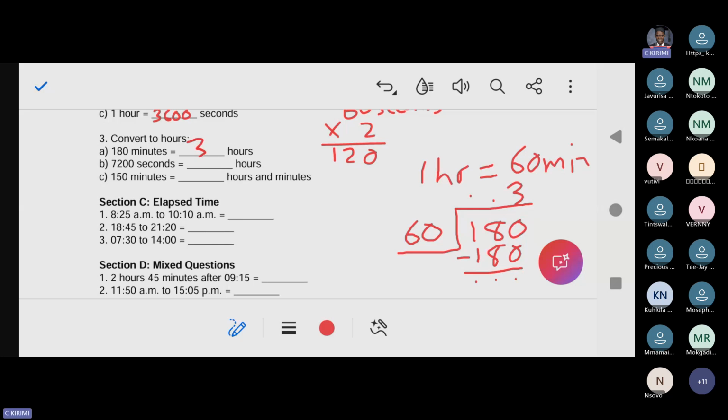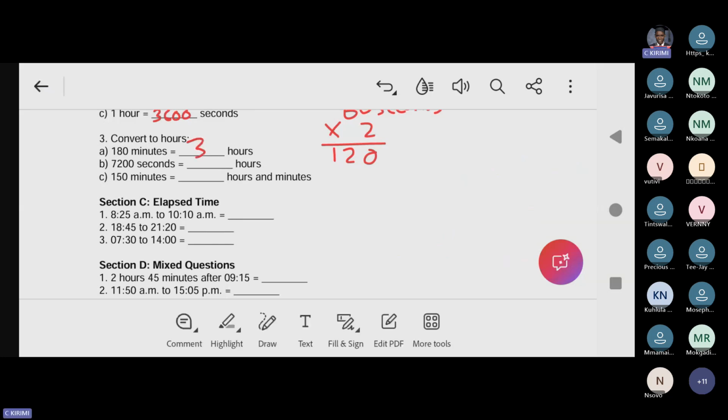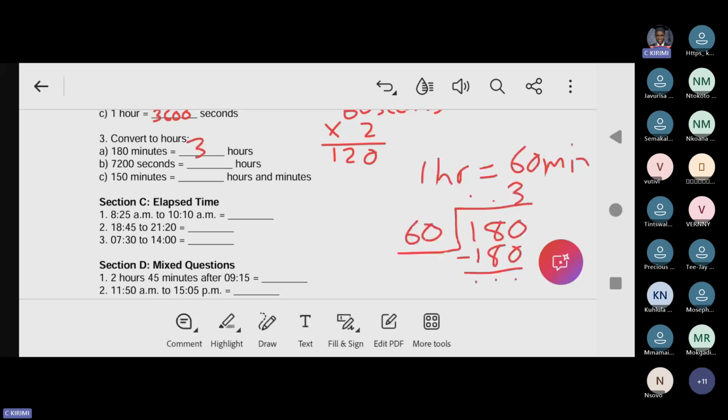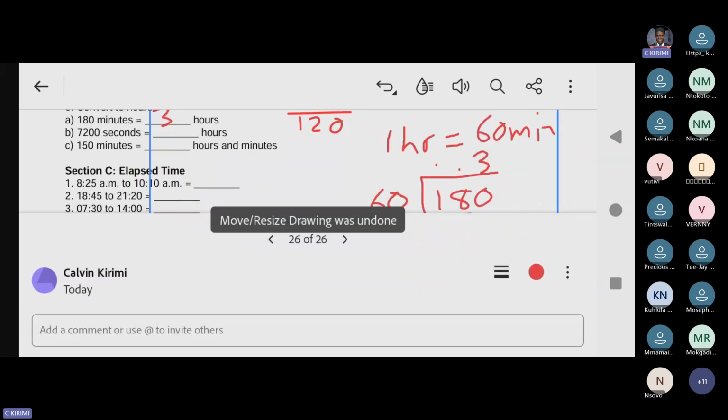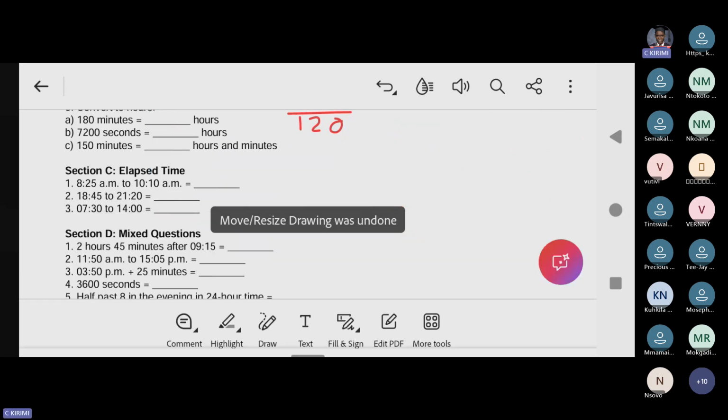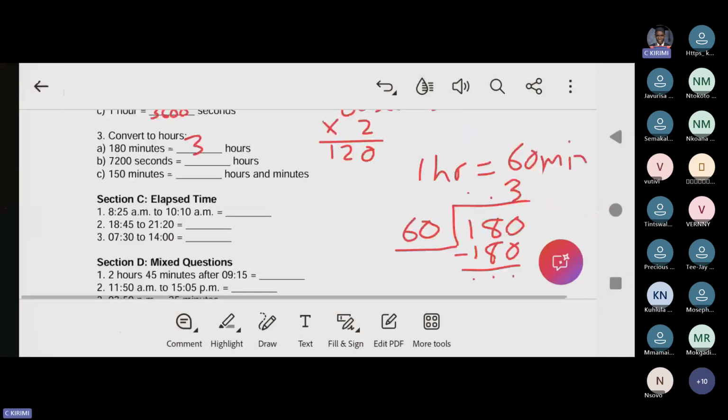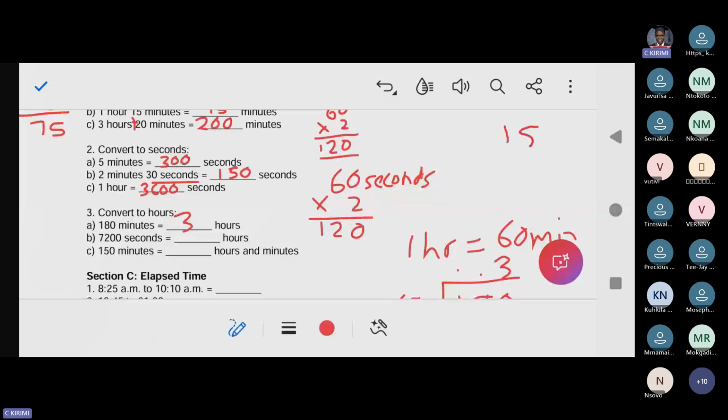You can also use the short method, if you find it easy. You use any method that you find easy for yourself. The short method: 180 divided by 60.